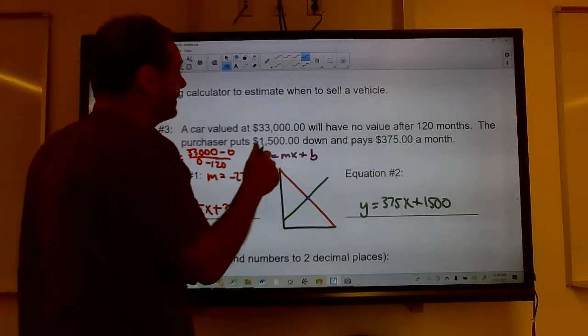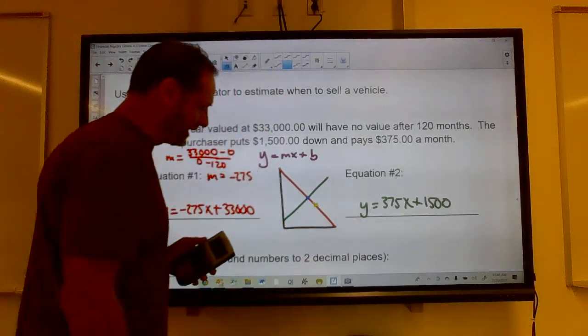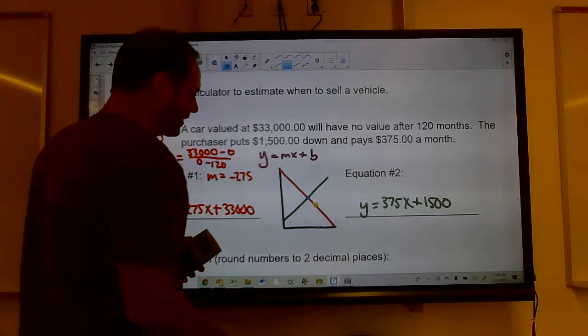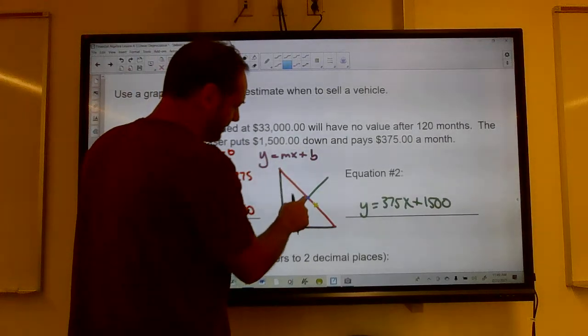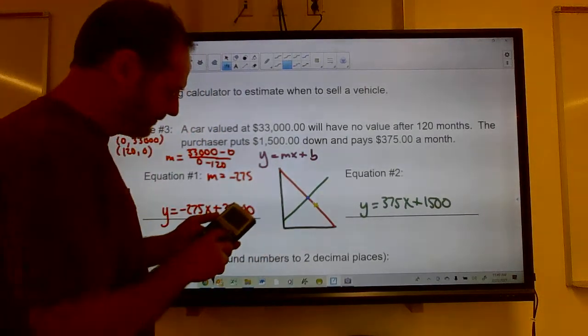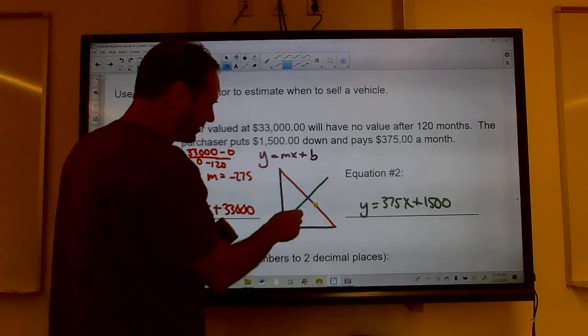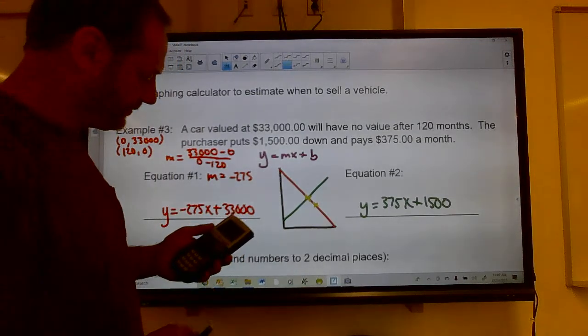Now it puts a little X, and it says first curve. Use the arrow keys to move that until it's pretty close to the intersection point, as close as I can get. And then I hit enter.